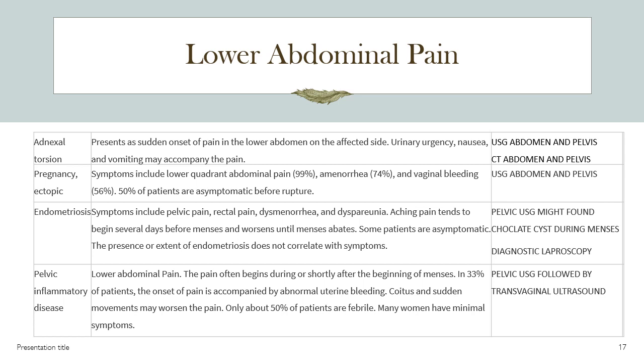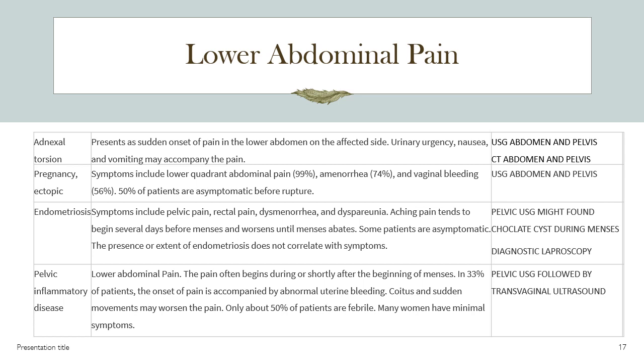If you are suspecting pregnancy and the patient has severe lower abdominal pain and some vaginal bleeding or spotting, the patient might have an ectopic pregnancy. It's a very important diagnosis of lower abdominal pain in a reproductive age female that must not be missed. So immediately order ultrasound abdomen and pelvis and proceed with the surgical team.